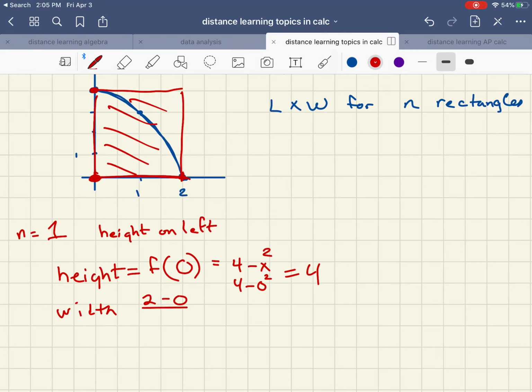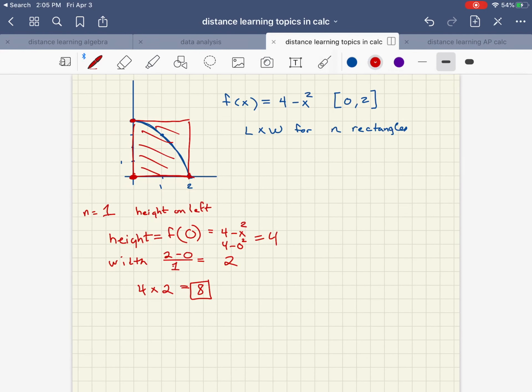So that's the end point minus the starting point divided by the number of rectangles. Gives me the width of my rectangle. So 2 minus 0 is 2 divided by 1. The width is 2. So I'm going to multiply, obviously, the area of a rectangle is width times height, and we get 8. So an estimate of the area of that curve would be 8 if I used one rectangle and I used a left-hand endpoint.